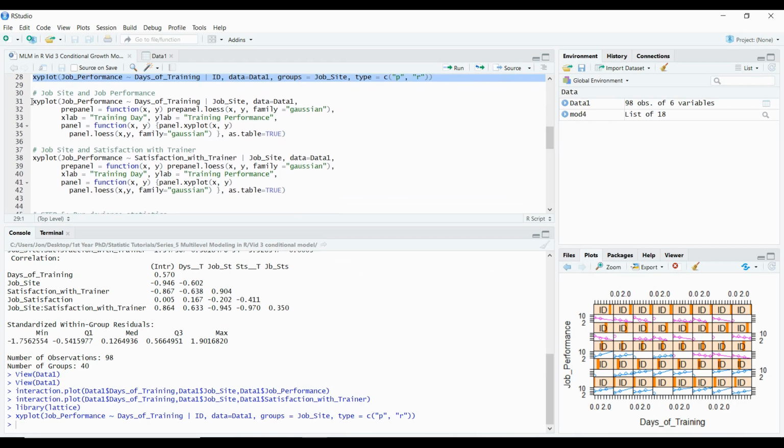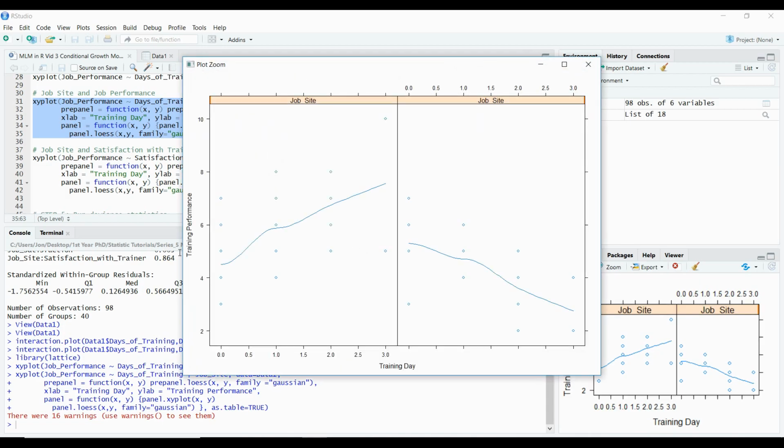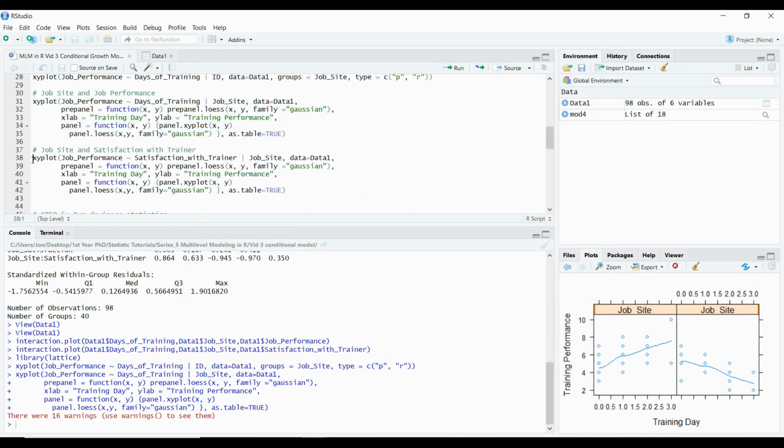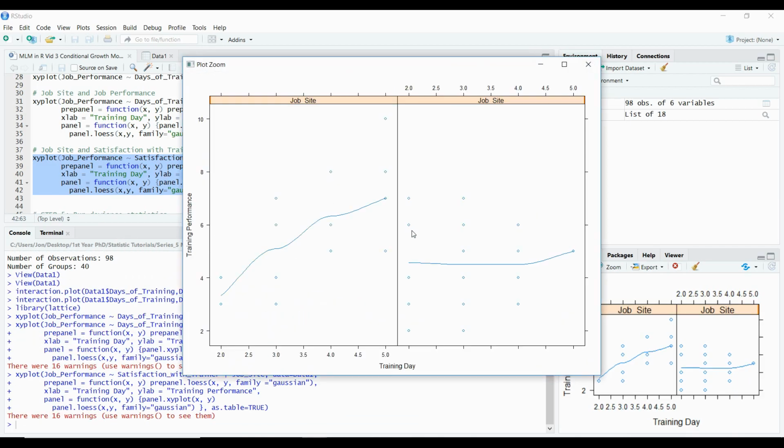Just like the interaction plots above, these can be run based on job site. So this is the same thing as the interaction plot above. We have job site 1, job site 2, or we can run it for satisfaction with trainer, just like I did above. And same thing, job site 1 and job site 2.